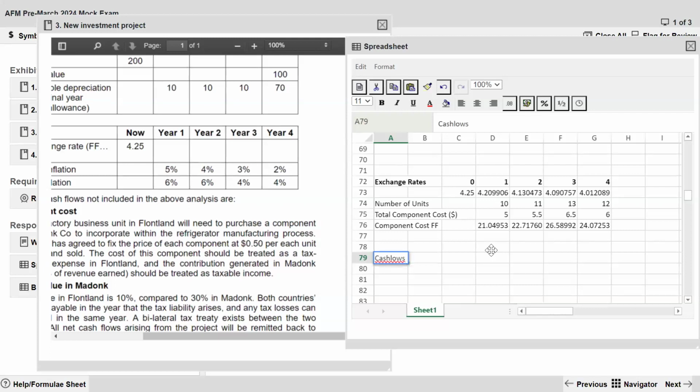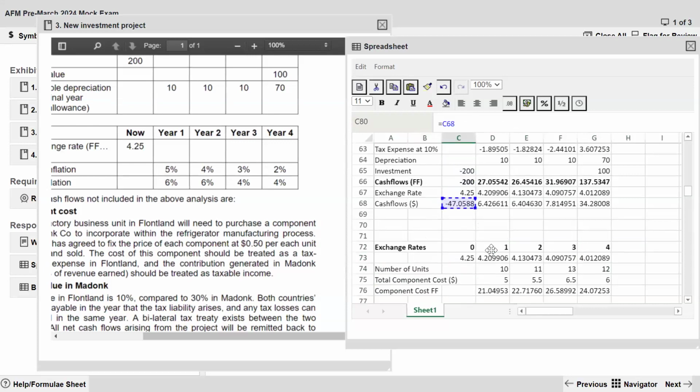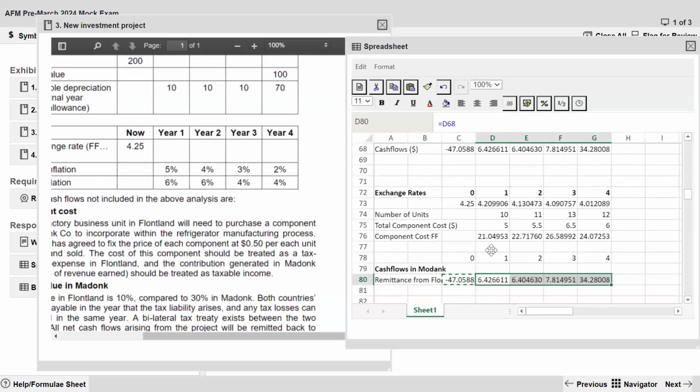cash flows in Madonk, remittance from Frontline, time period 0, 1, 2, 3, 4. Extra tax at 20% on Frontline profits.